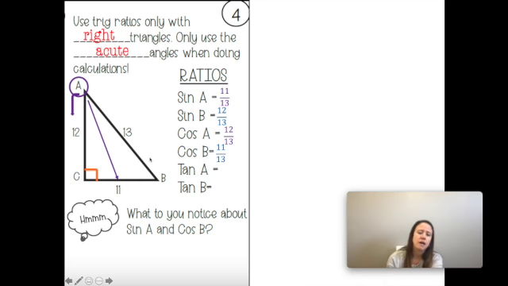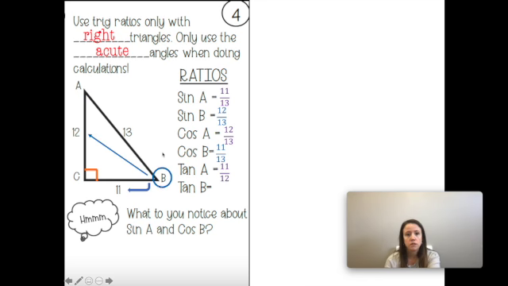Go back to A. The opposite, across the way, is 11. The adjacent is 12. And for tangent of B, 12 over 11. So hopefully as I was going through that, you were already noticing a pattern there.